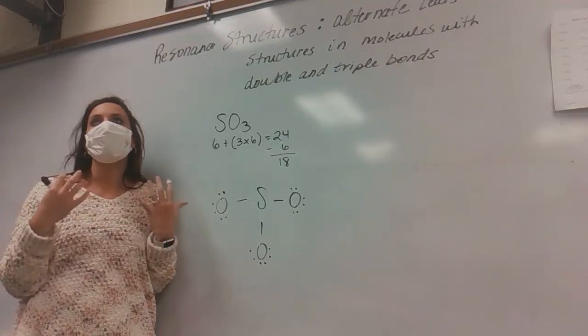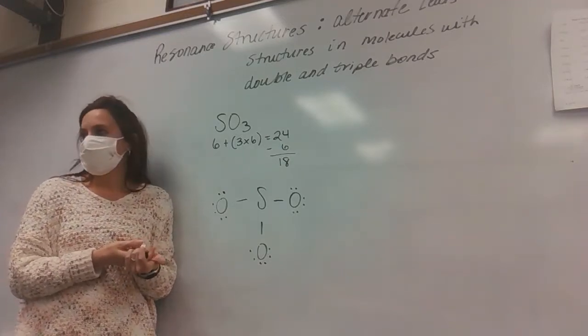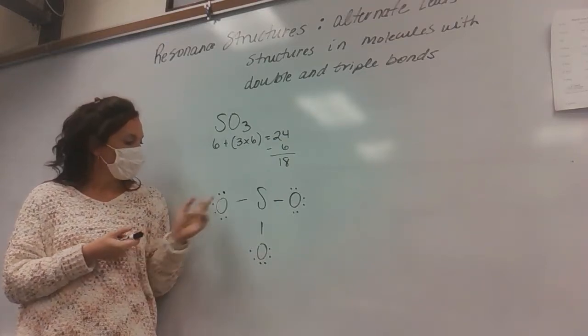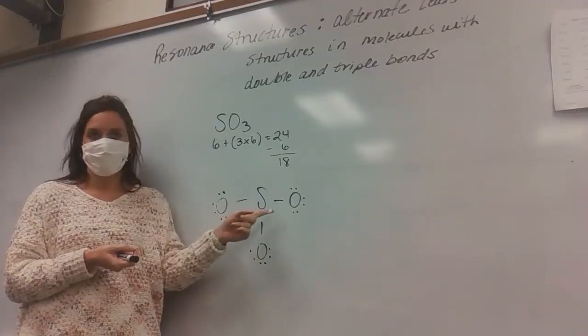And at this point, I've run out of electrons. But are all of my octets full? Oxygen, 2, 4, 6, 8. But sulfur, 2, 4, 6.